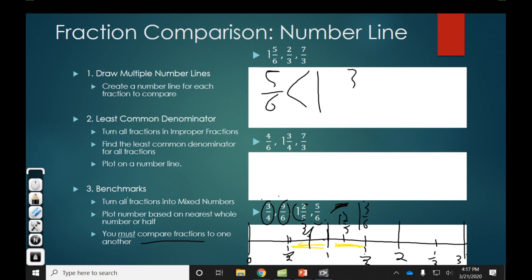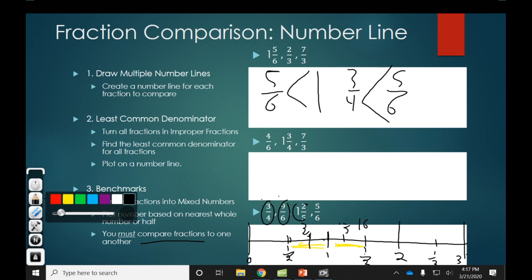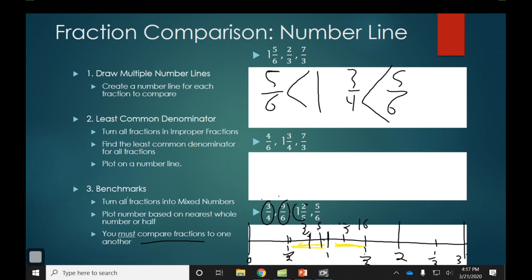So now you're going to keep going down this chart, right? So you have 1, you have 3/4. So you're going to say 3/4 and 5/6. What is greater? Once you find it, you're going to find out that 5/6 is greater. So 5/6 is actually going to fall right here, right? 5 over 6.